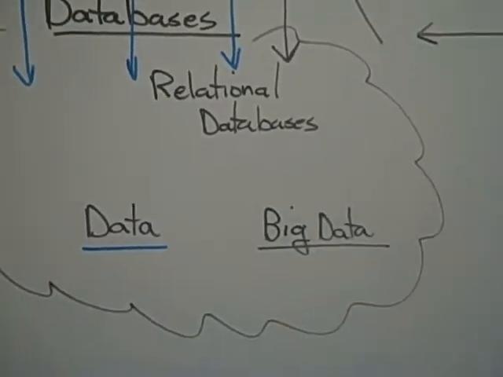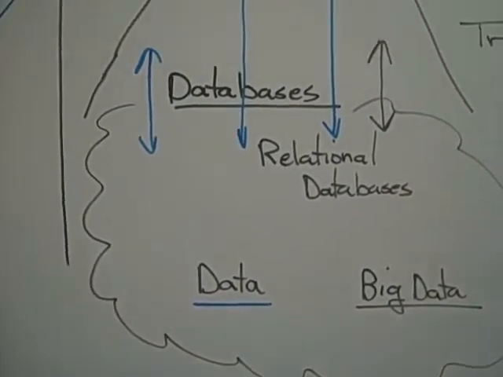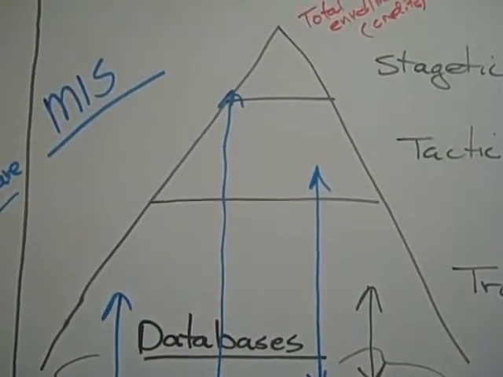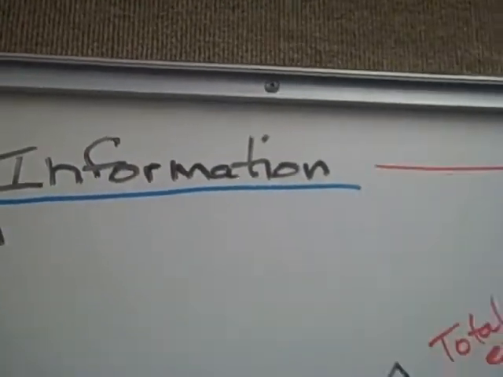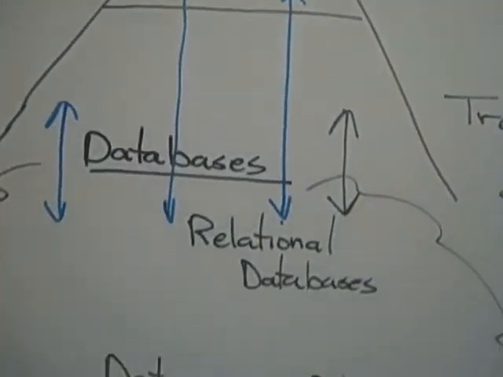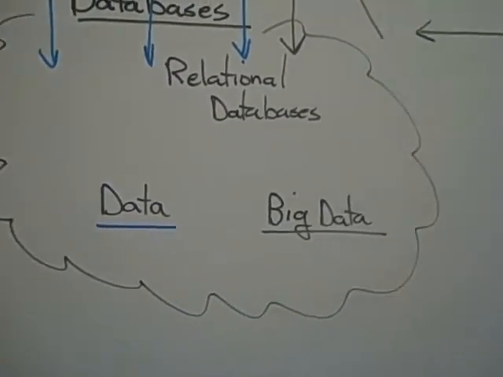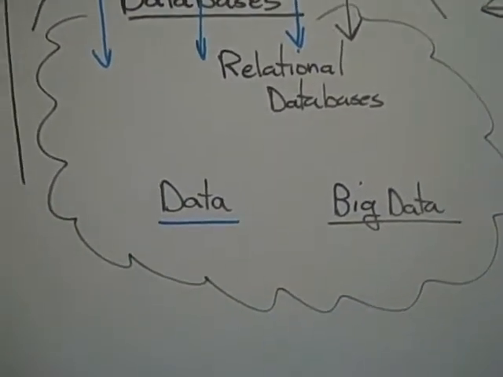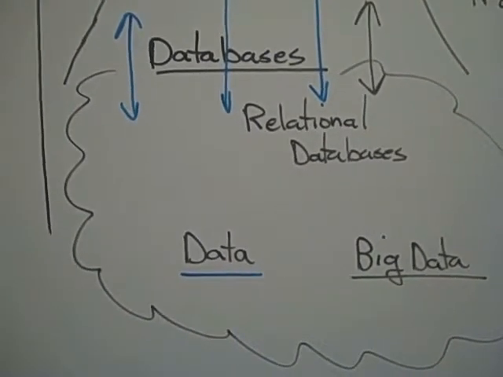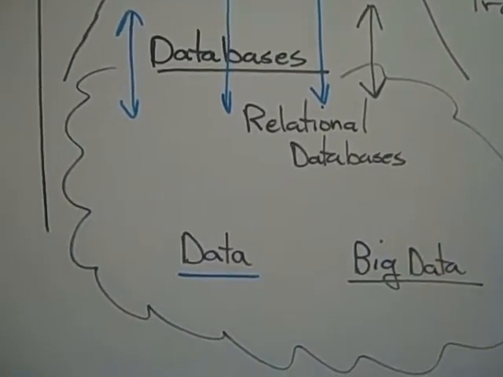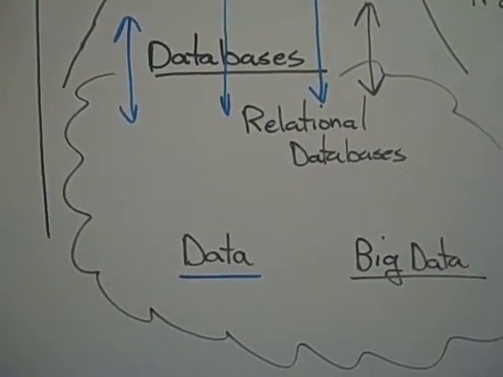So, we have data that accumulates into a database, and we use that data and we move it through, and we create information out of it to make decisions. For example, in here we talk about data in students taking classes, and which students are taking what classes and how many credits and what their major is and so forth.